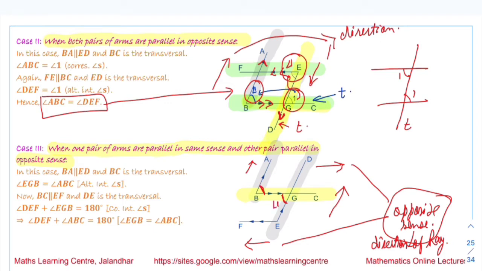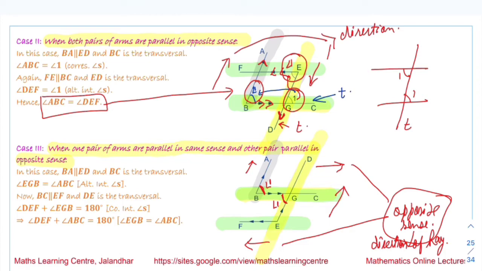If this angle is angle 1, then this angle is angle 1. Now if we consider the two parallel lines BGC and EF, we have DE as the transversal.